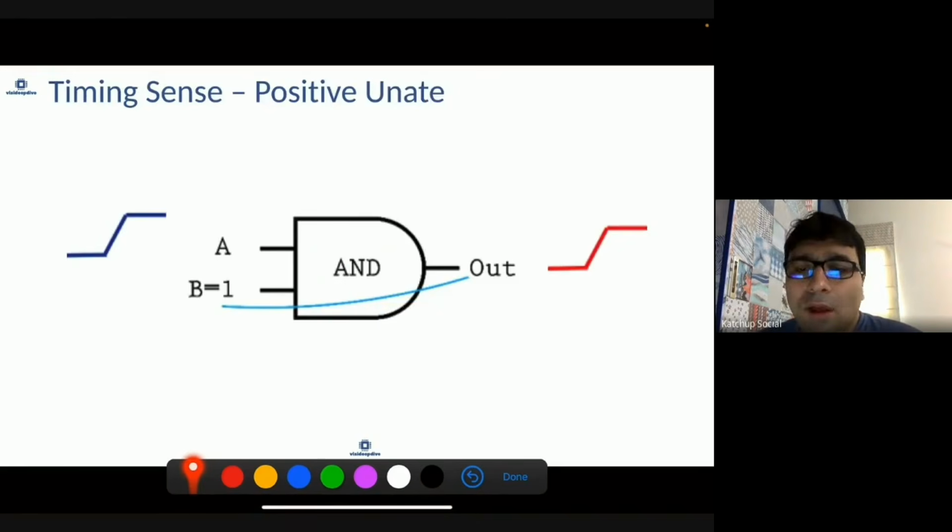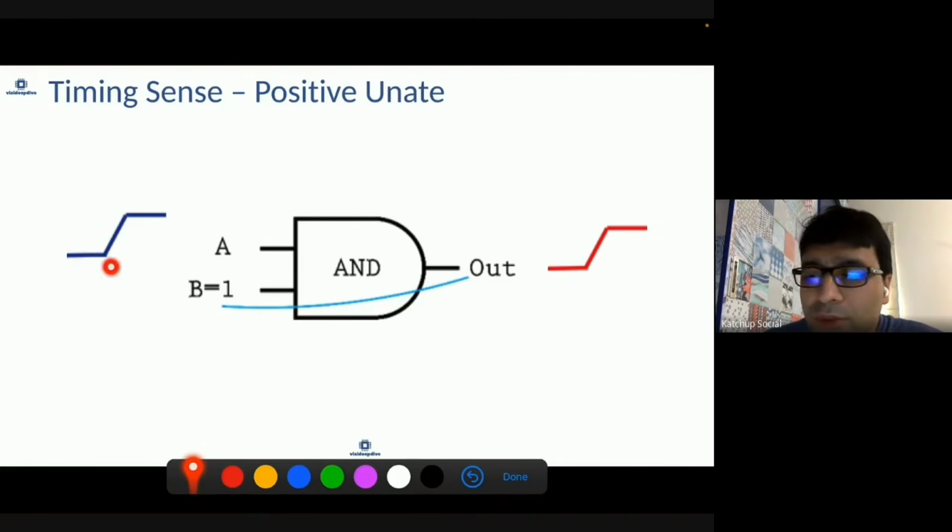There is another term which is used to identify the sense of the arc. What is the meaning of the sense of the arc? Sometimes it's important to figure out, when the input changes, whether the output is going to change in the same direction or in the opposite direction.